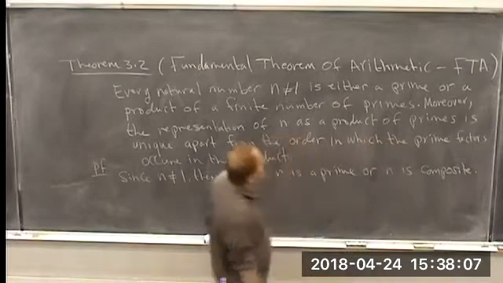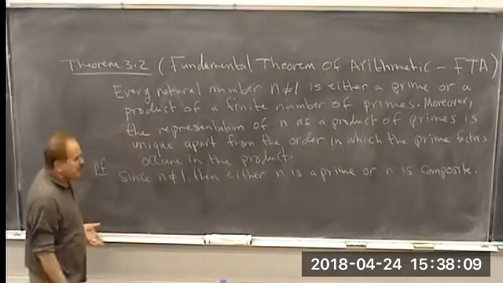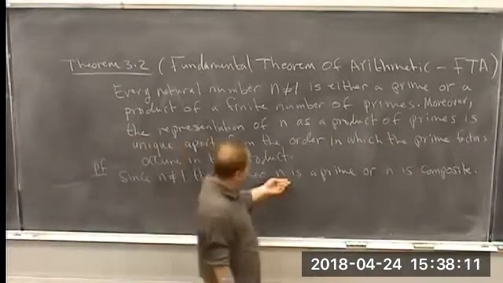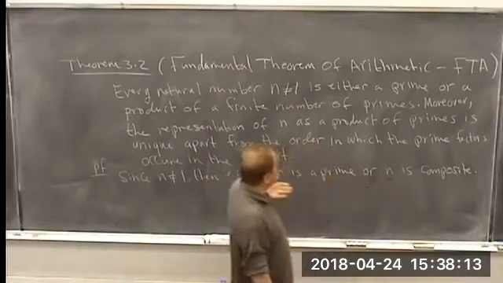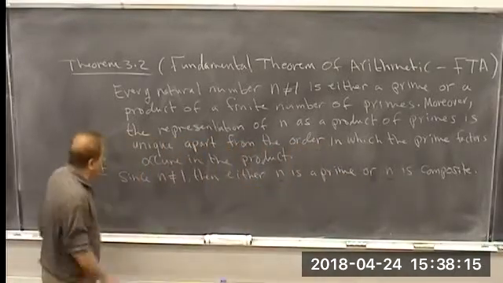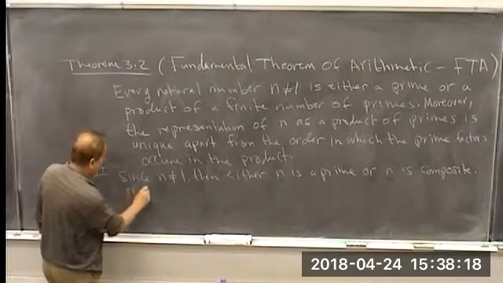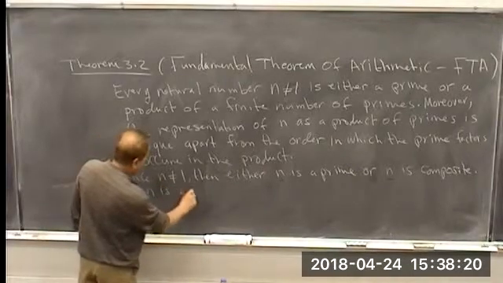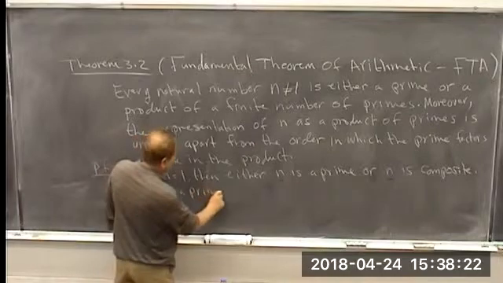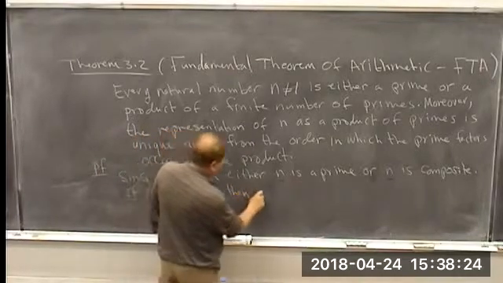Now remember, n is given, so it cannot be both of these. So it must be either this or this. Now, if it happens that the given n is a prime, then we are done.